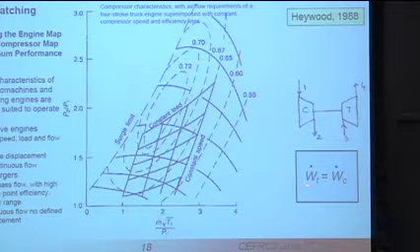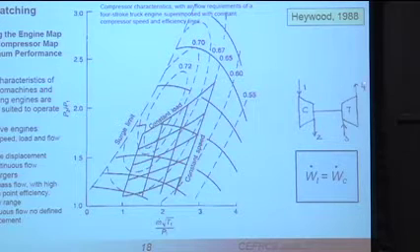Of course, we're going to assume that the work produced by the turbine is what drives the compressor. We're going to actually introduce an efficiency here as well. That's this mechanical efficiency term. When one looks at the equations we derived earlier for the work of the turbine and the compressor and combines them, you can relate then the pressure ratio across the compressor to the pressure ratio across the turbine.